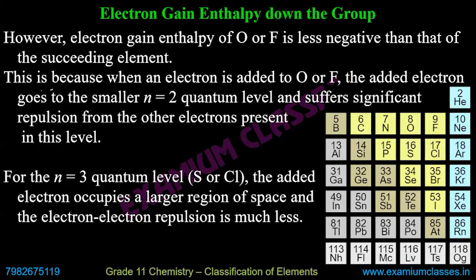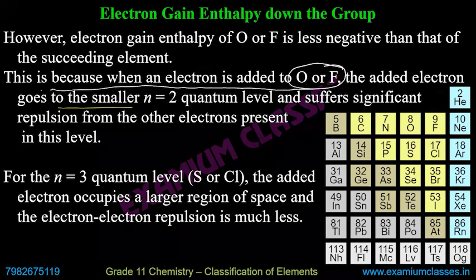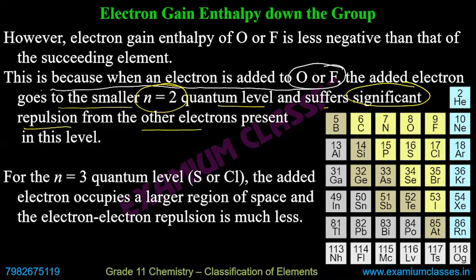So this is because when an electron is added to oxygen or fluorine, the added electron goes to the smaller n equals 2 quantum level and suffers significant repulsion from the other electrons present in this level. However, for n equals 3, sulfur and chlorine are in the third shell.